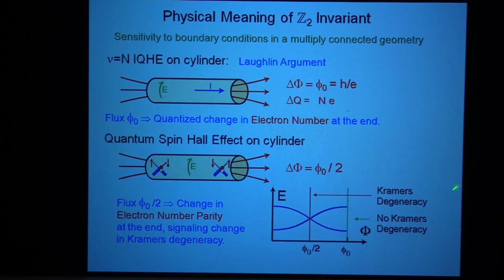Now I'm talking about many-body states. I go from locally having no Kramers' degeneracy to locally having a Kramers' degeneracy. If I had a trivial insulator, it would have to be insensitive to the magnetic flux, and so this couldn't happen. And so this is what happens if I have a topological insulator.